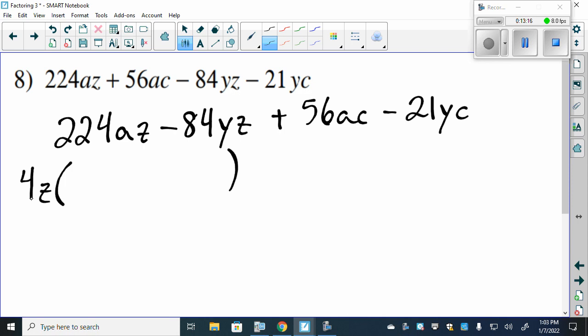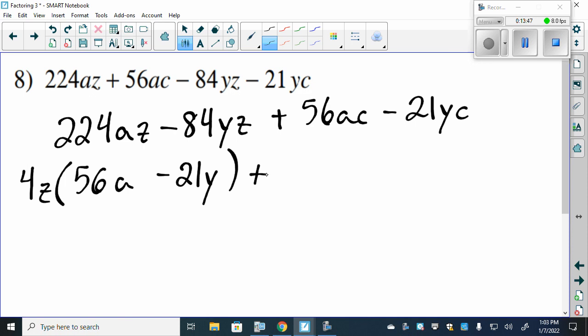Well, what's 84 divided by 4? So this would be 21y. What's 224 divided by 4? So 4 works out to give us 56a and negative 21y. Okay? That works out that we will have plus.